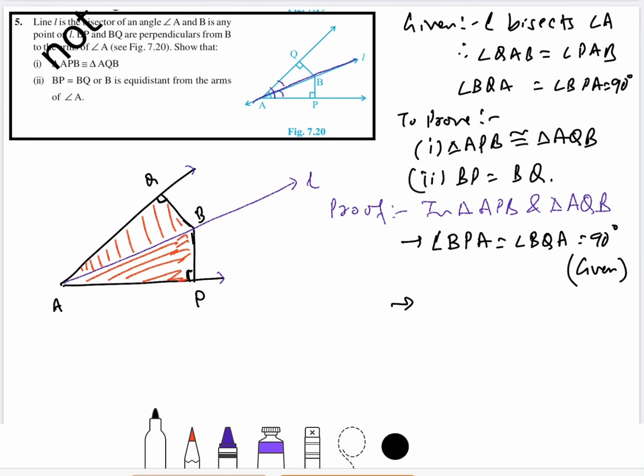Second, it is given that angle A is bisected, so we can write angle PAB is equal to angle QAB. Again, it is a given quantity. And we can take third as AB is equal to AB, common side.